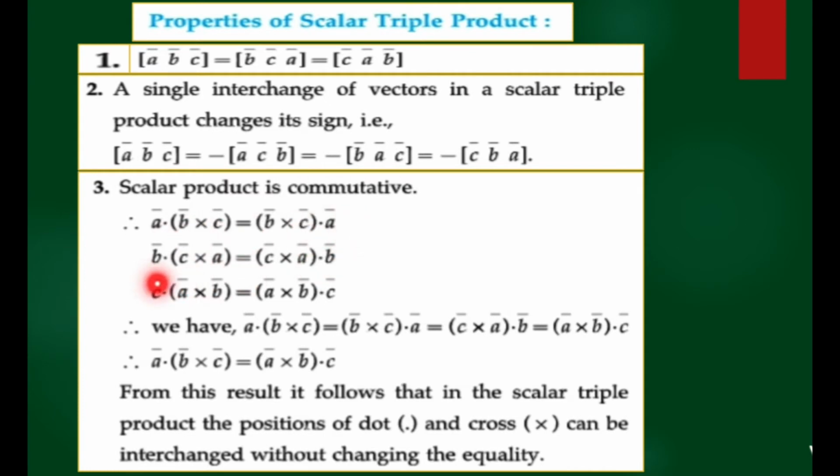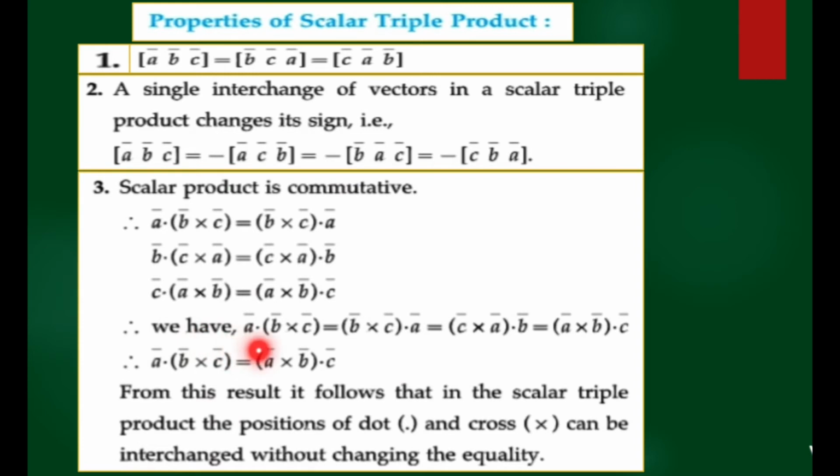So similarly, when we consider B bar dot C bar cross A bar, then we interchange these two vectors. So first we write C bar cross A bar dot B bar. Similarly, if we consider C bar dot A bar cross B bar, if we interchange, A bar cross B bar dot C bar, scalar product is commutative.